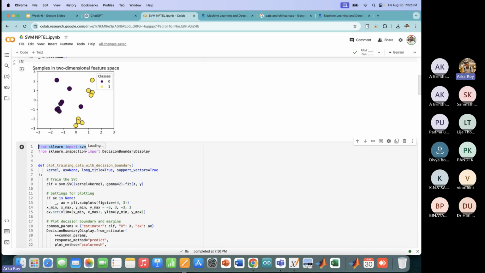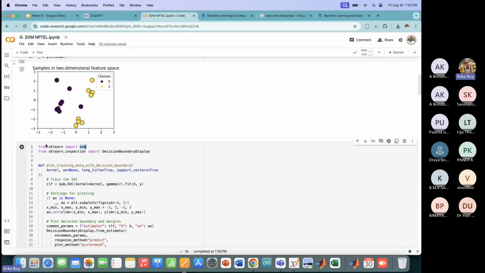Whenever you call this particular line, import SVM, that means the whole code for the SVM that you have seen, like the Lagrangian formulation and all the mathematical operations, they have already coded over here. This particular function represents the whole operation that you have seen in the theory class. So in general, you do not have to write anything by yourself.